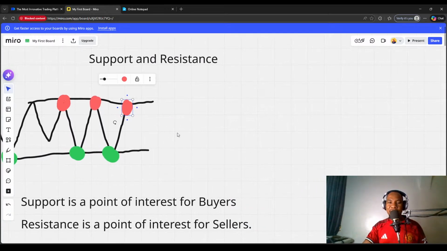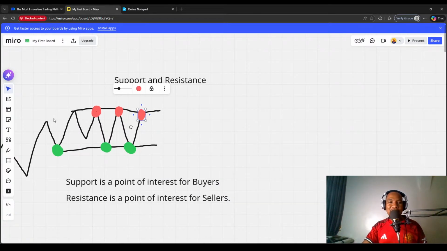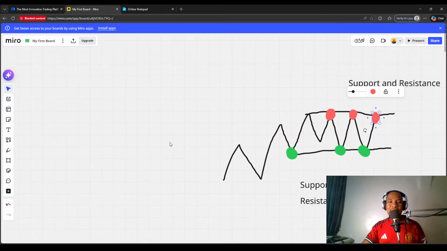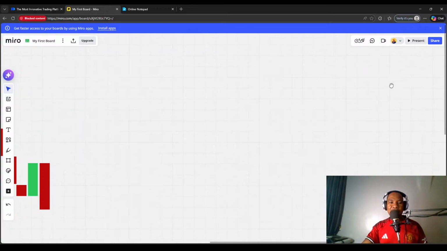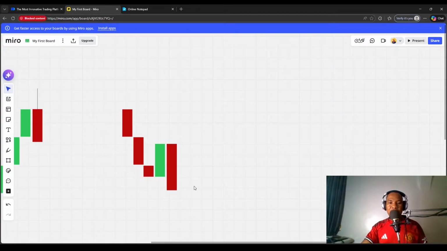However, on a candlestick level, let me copy some few candles here.